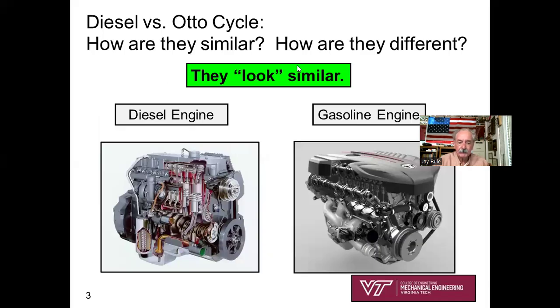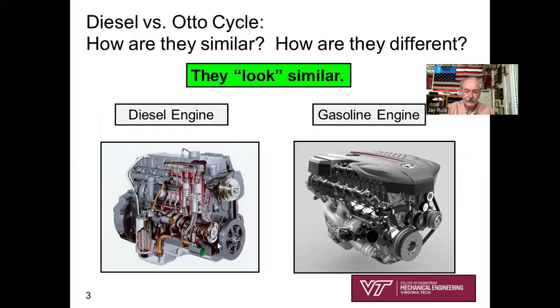So what's the difference between a diesel cycle and an Otto cycle, or in other words, a gasoline engine? These two engines look similar, at least they do to me, don't they? How are they similar? Well, they both involve pistons and cylinders.